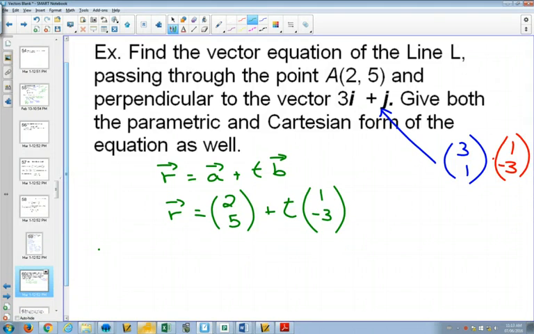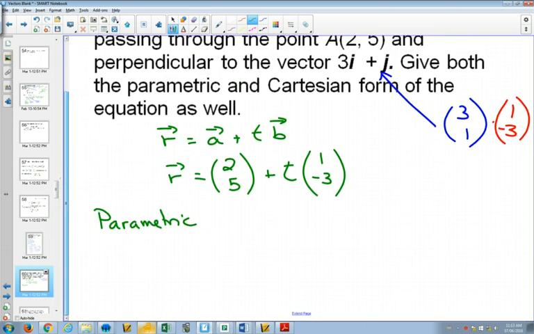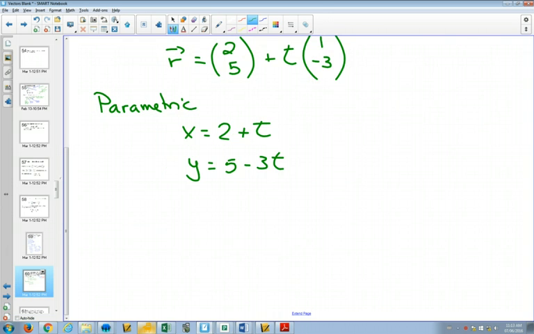So our parametric, if we just look at the x coordinate and if we look at the y coordinate, and for our Cartesian, do a little bit of mental math. Can you solve for t in your mind for both of them?